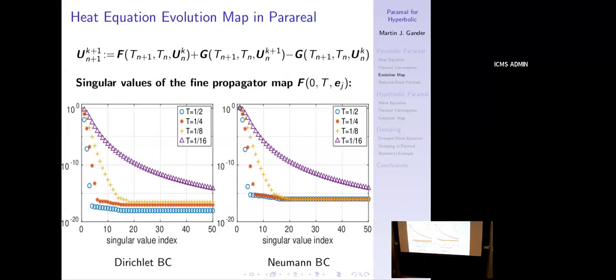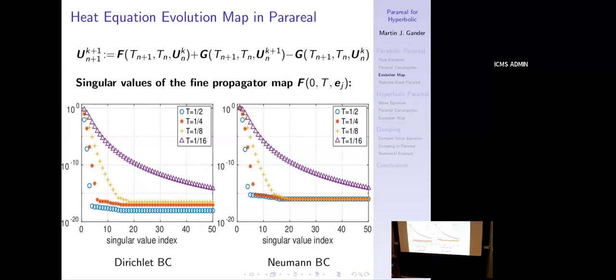And I do the SVD of that matrix, singular value decomposition. And here you see the decay of the singular values of this mapping for different time intervals, T/2, T/4, T/8, T/16. So if I go long in time, T/2, I only have 3 singular values which are basically non-zero, and the rest is 0.